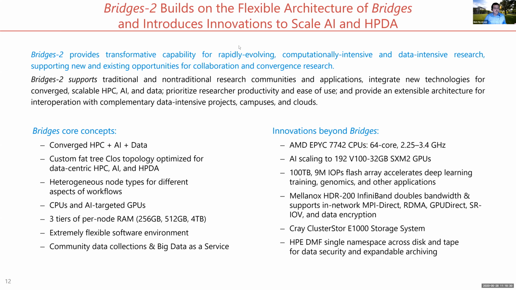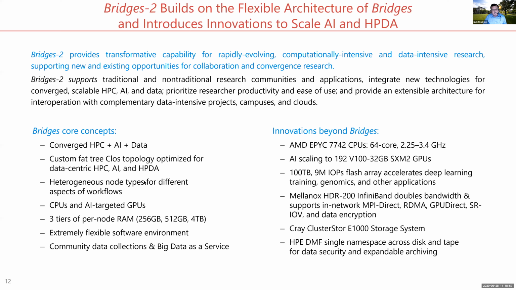So the real point of Bridges-2: it builds on the concepts we pioneered with Bridges-1, and it extends and enhances them. So everything we did before, we continue, at least all the good things. Converged HPC, AI, and data; a custom fat tree Clos topology, which provides the most cost-effective way for getting high bandwidth HPC at moderate scales.